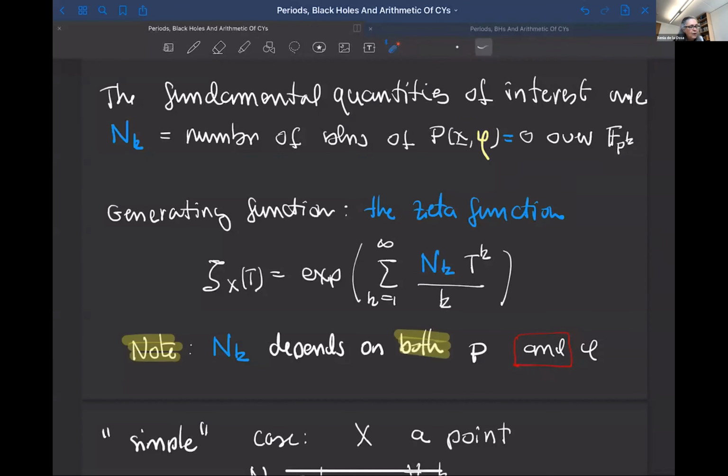Note that I won't always write this, so as not to clutter the notation, but keep in mind that when computing the number of points, this number depends on both the prime p and on phi. So you expect this object to vary with p and phi.